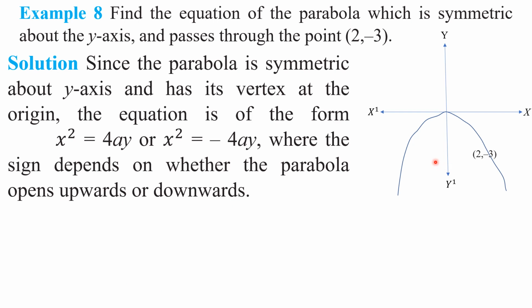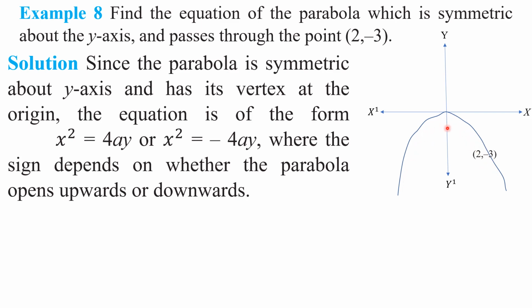How does the parabola open, upwards or downwards? Yes, it opens downwards. As I mentioned, the point (2, -3) lies in the fourth quadrant. So the parabola is passing through a point which is in the fourth quadrant.